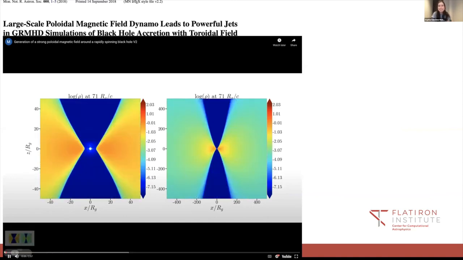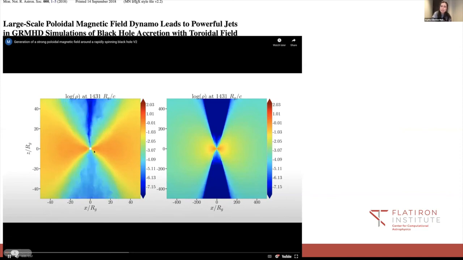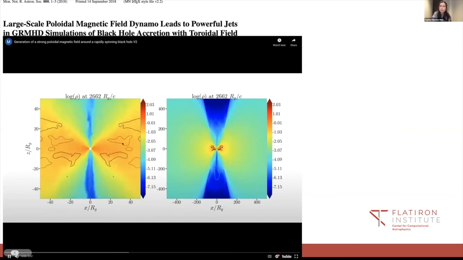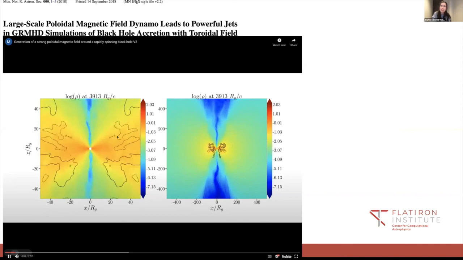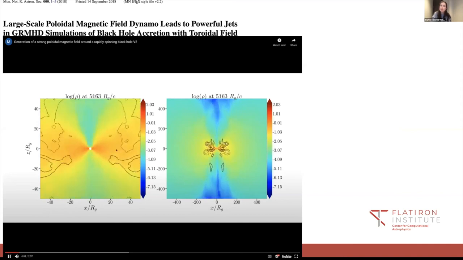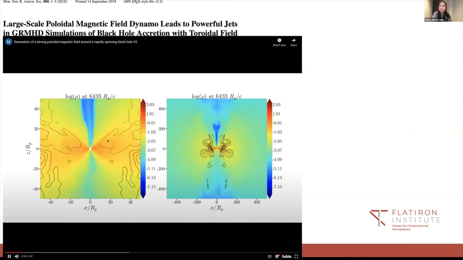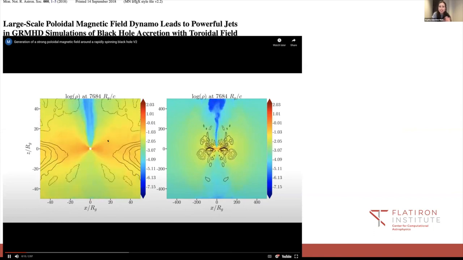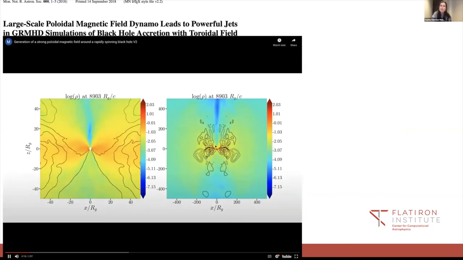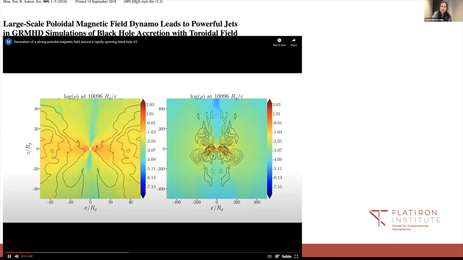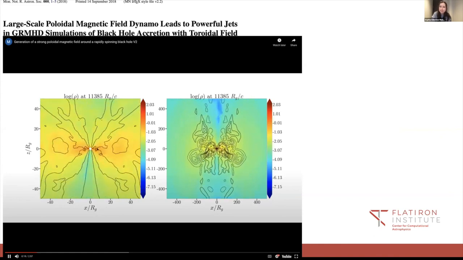And just so you don't miss it, you see once accretion starts, you quickly begin building this poloidal field from your initially toroidal one. And you build poloidal field in both kind of alignments, both aligned and anti-aligned, if you will. And you can see that one of them happens to kind of stick and embed itself very near to the black hole.